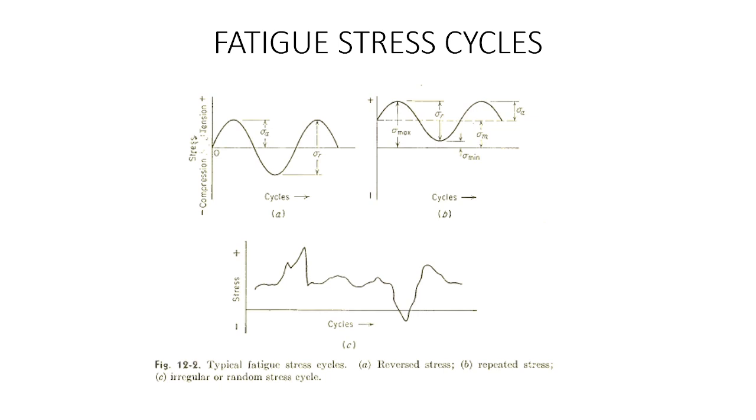You can see the first diagram, the left hand side diagram A, similar to the previous case, with stresses on both the compressive and tensile side, where sigma a is the distance from 0 to the maximum point, that is the amplitude of stress, and the range of stress is given by sigma max minus sigma minimum, divided by 2.